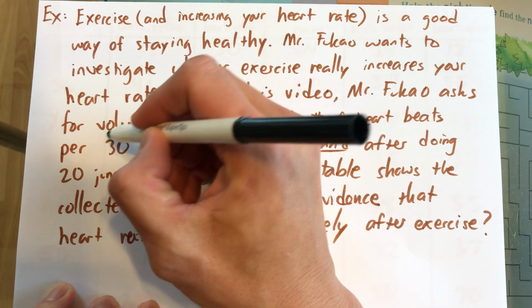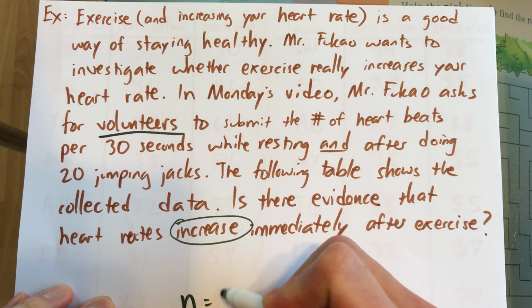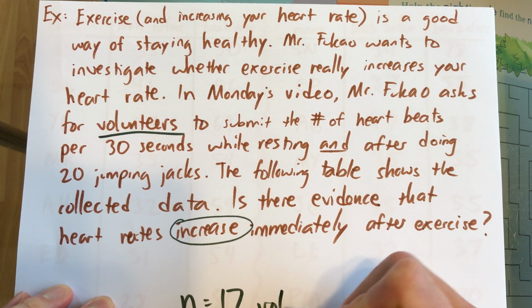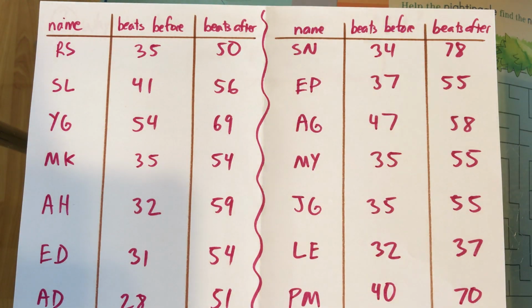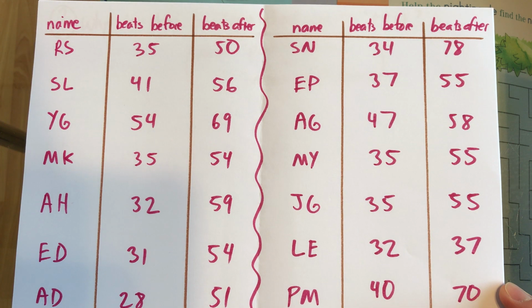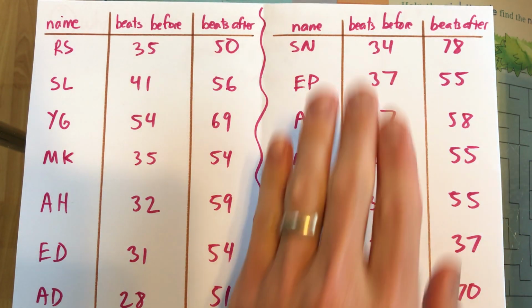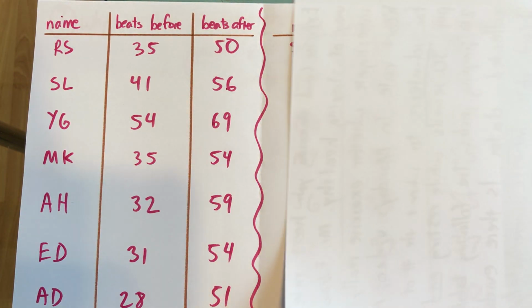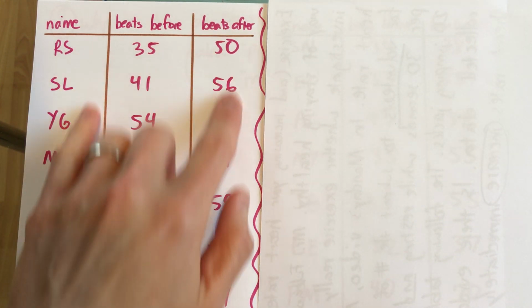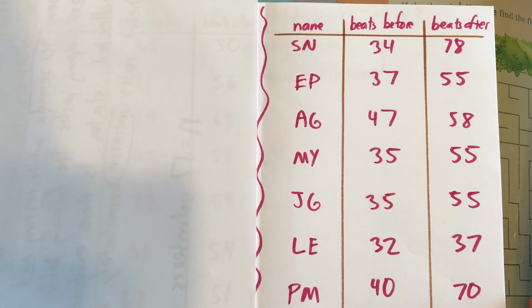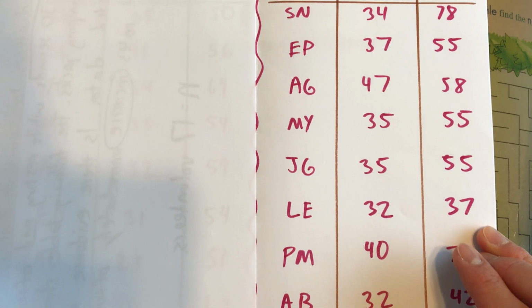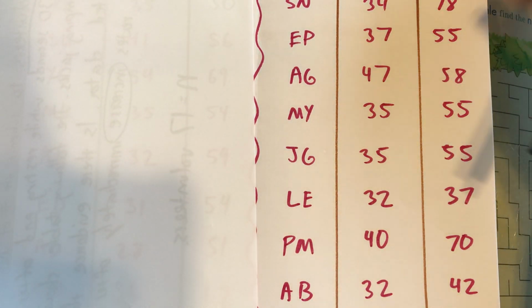So volunteers, I believe we had 17 volunteers. 17 of you submitted your data. And here's a table of the 17 of you. If this is difficult to read, just know that this side, okay? And then this is the continuation of that side, okay?